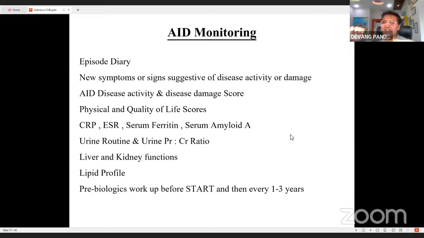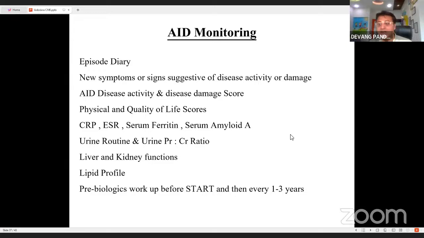And at each and every visit, like every 3 months follow-up, we see CRP, ESR, ferritin, and serum amyloid A, and urine routine and urine protein estimation, liver and kidney functions. If this child is on medications, routinely we see lipid profile, typically for the JAK inhibitors.